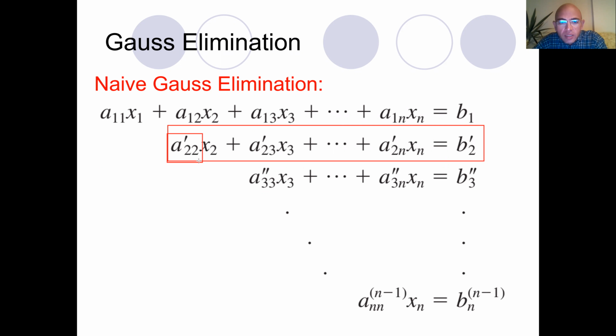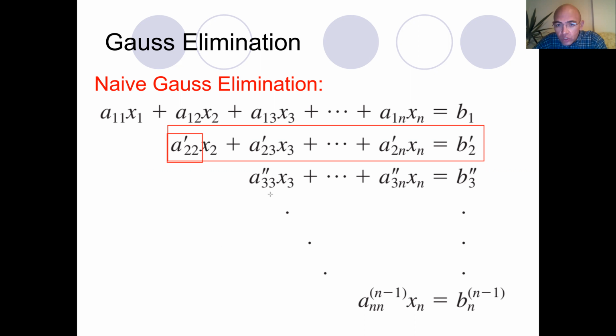Okay, and then what I do is first I divide this equation with the a22 prime, and then I multiply it with the a32 prime and subtract it from the third equation. And then I do the same thing for the fourth, fifth, and it goes like this. As a result, terms related with the x2 will be eliminated from the rest of the system.